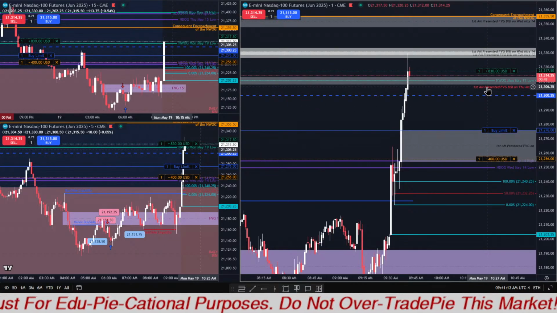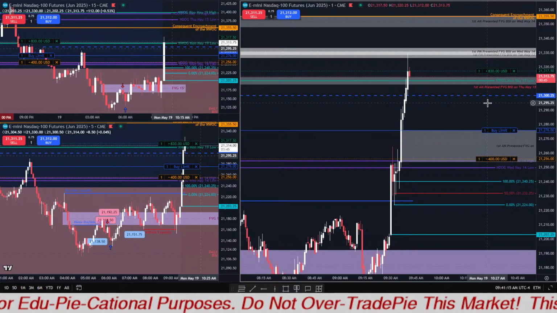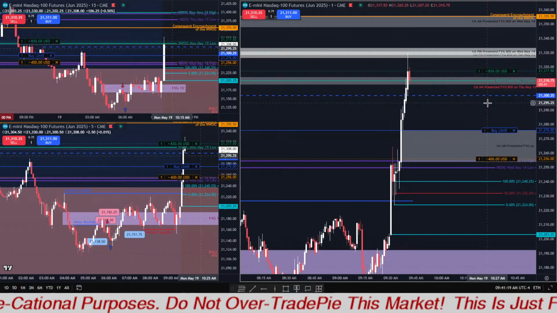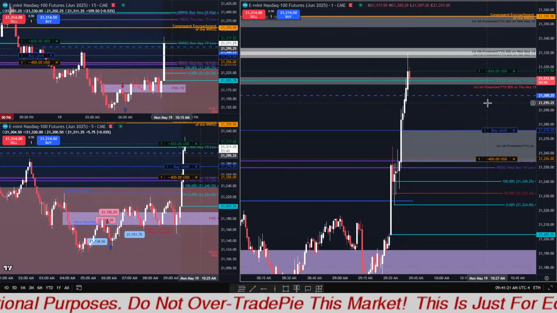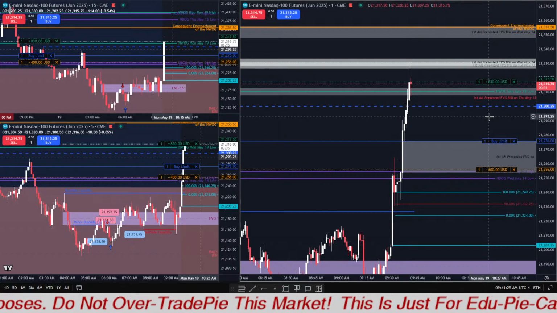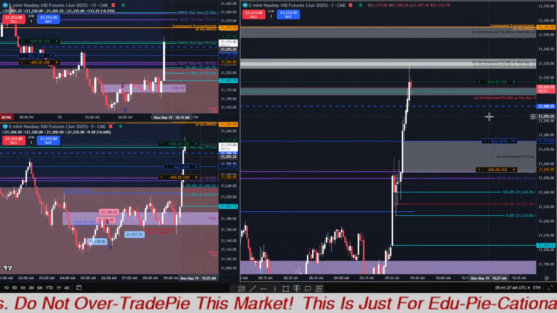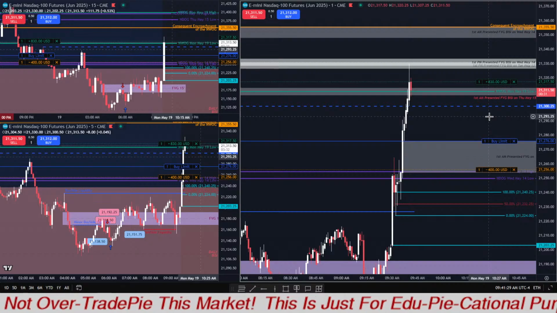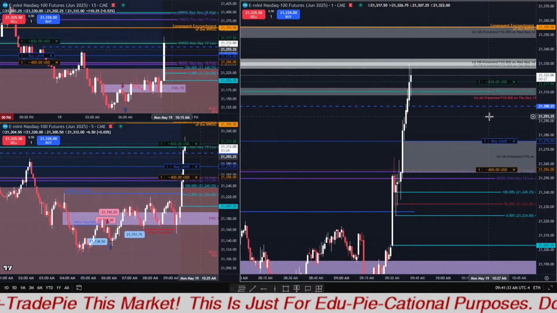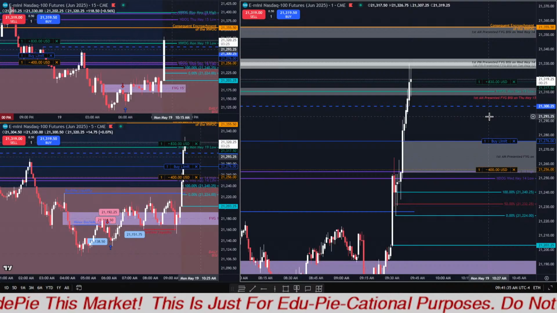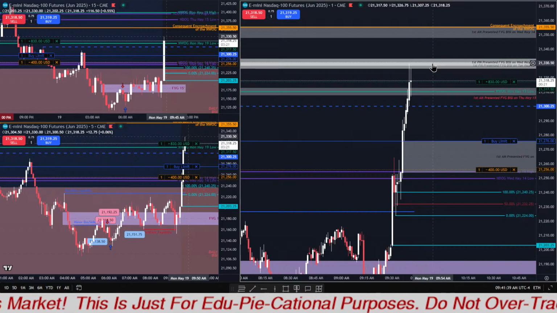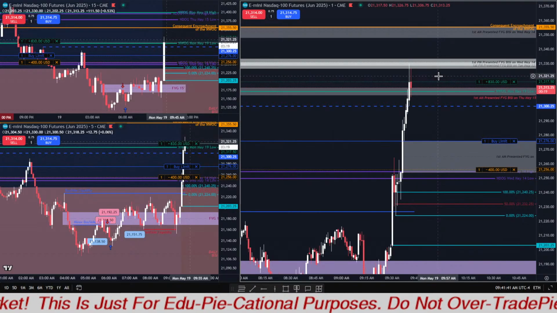Now getting back to this first presented fair value gap of last Thursday, that is BC, and the low of the new week opening gap for the current week. We almost traded to the lower quadrant of this new week opening gap over here.